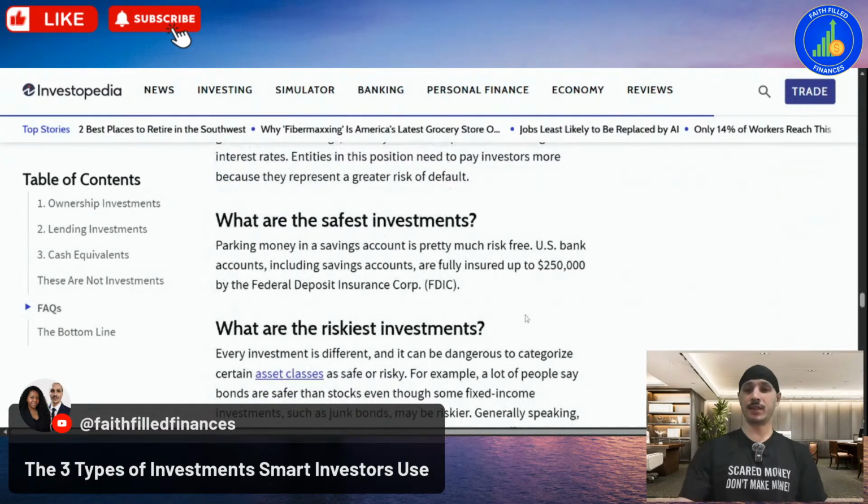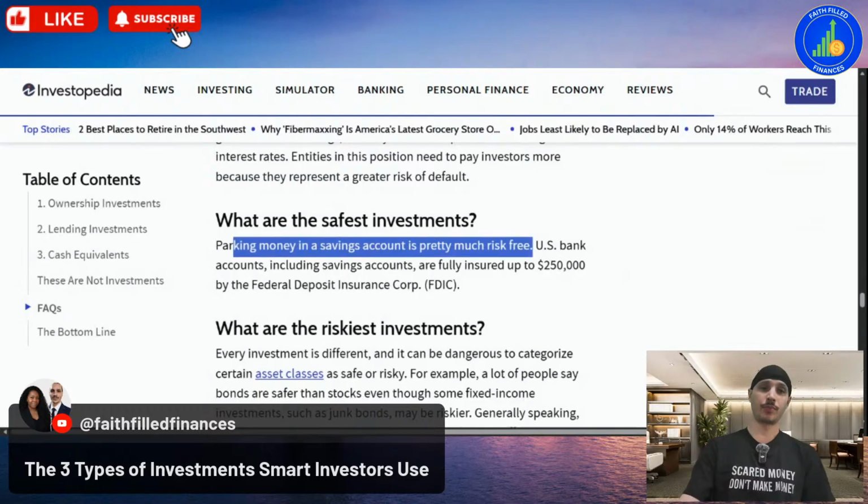What are the safest investments? Parking money in a savings account is pretty much risk-free. U.S. bank accounts, including savings accounts, are fully insured up to $225,000 by the FDIC.